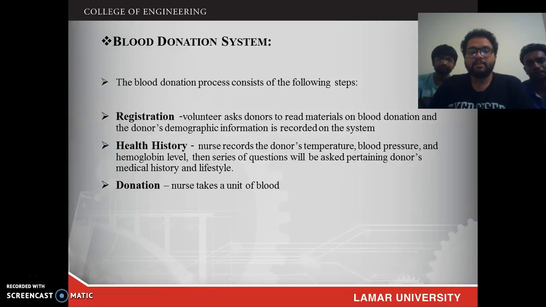There, the nurse records the donor's temperature, blood pressure, hemoglobin level, and a series of questions like any disease in the past, any travel history, and lifestyle. After the health history is completed, the donor goes to the donation process. During donation, the nurse takes a unit of blood from the donor, and after that the donor leaves the center.